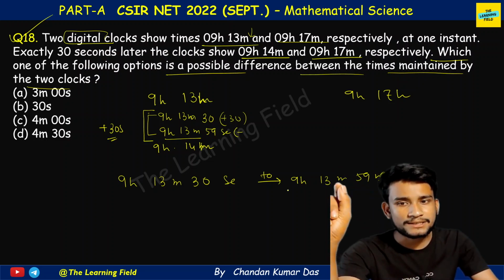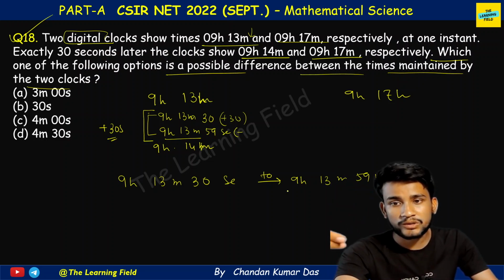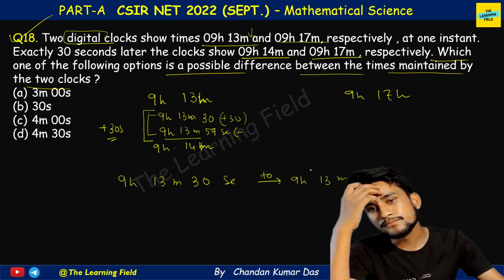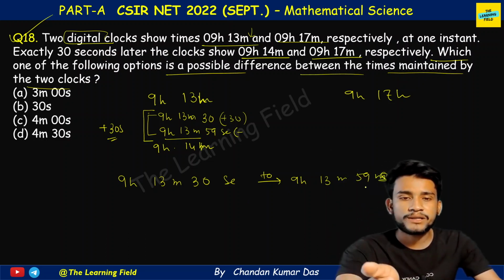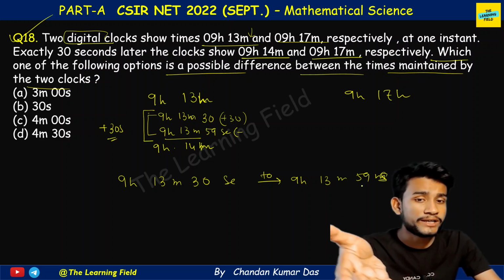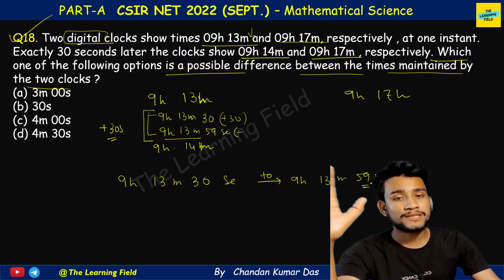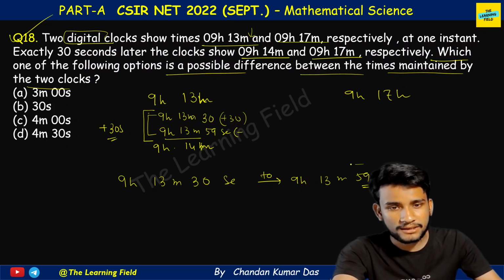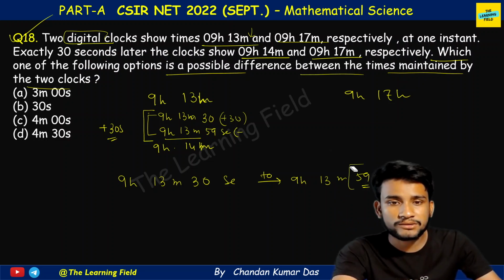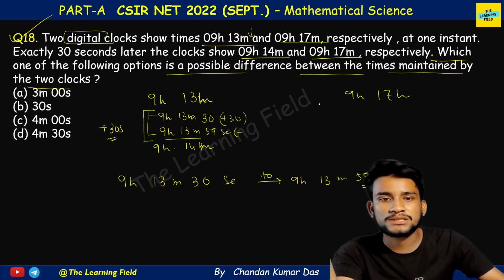If you add 30 seconds, then the digital clock shows you 9:14, because if we add 30 seconds from here, this gives 9 hours 14 minutes and 29 seconds, and if the second is not present in the clock, then it will show you 9:14. So this is the case.